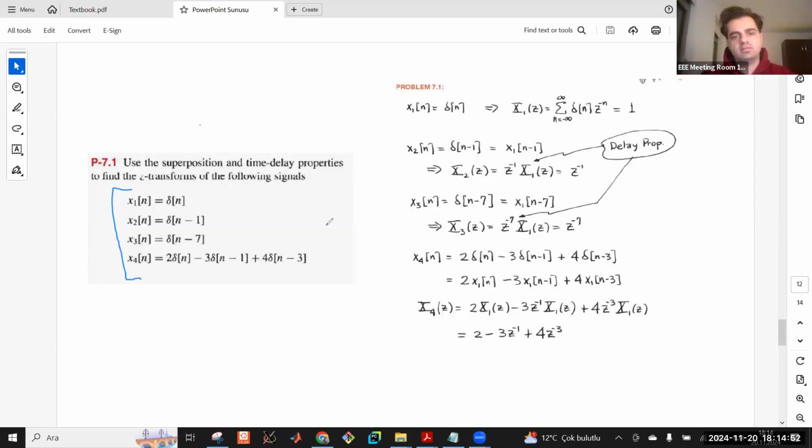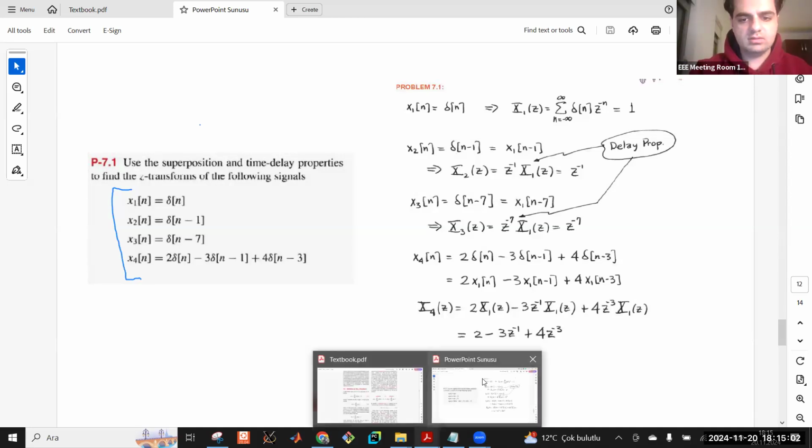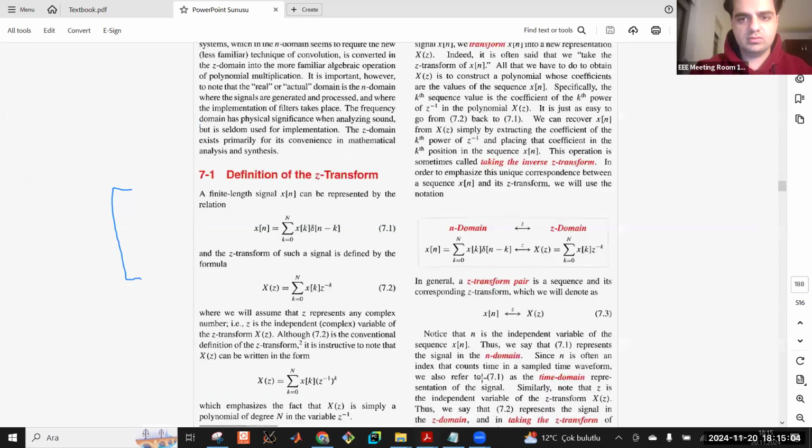As I mentioned at the beginning of this recitation, the Z-transform is just a representation of a signal in a different domain. And the formula for finding the representation of a signal in the Z domain is given here.